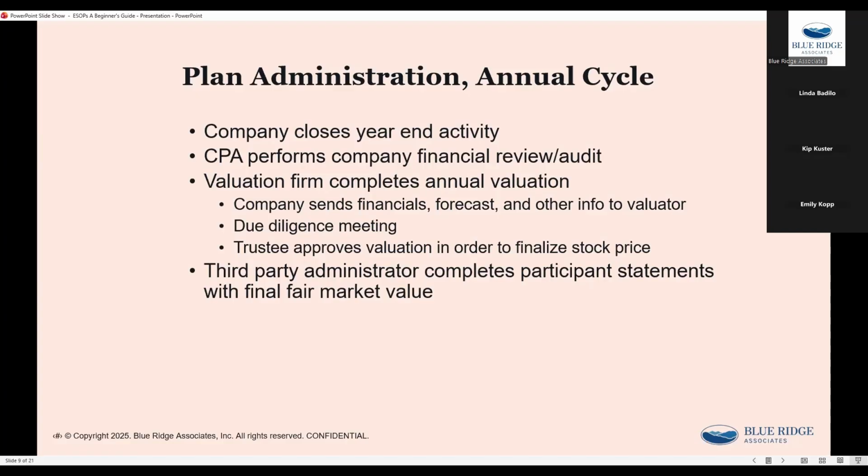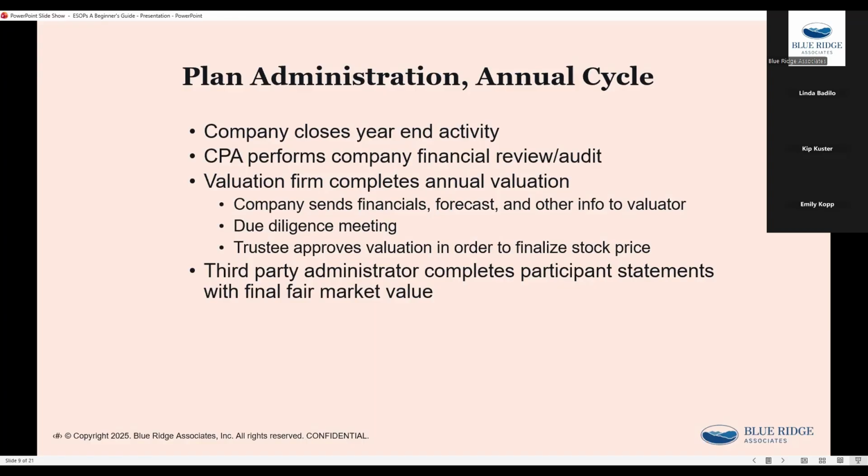They're going to step in and, like Linda was saying, they'll work their magic. They'll review the financial reports. They'll review supplemental financial projections and forecasts. They'll also most likely conduct a due diligence meeting that's generally on site.